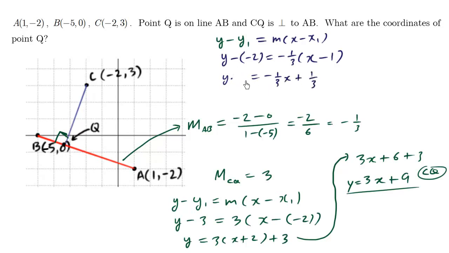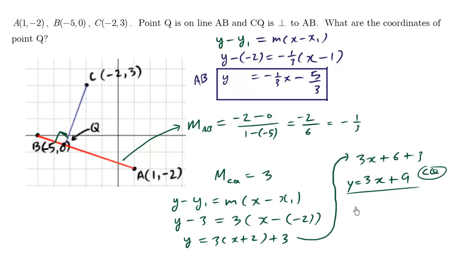Going to subtract 2 from both sides, which is the same thing as minus 6 over 3. And so the second line equation, 1 minus 6 becomes -5 over 3. So this here is the second line equation. This here is line AB.